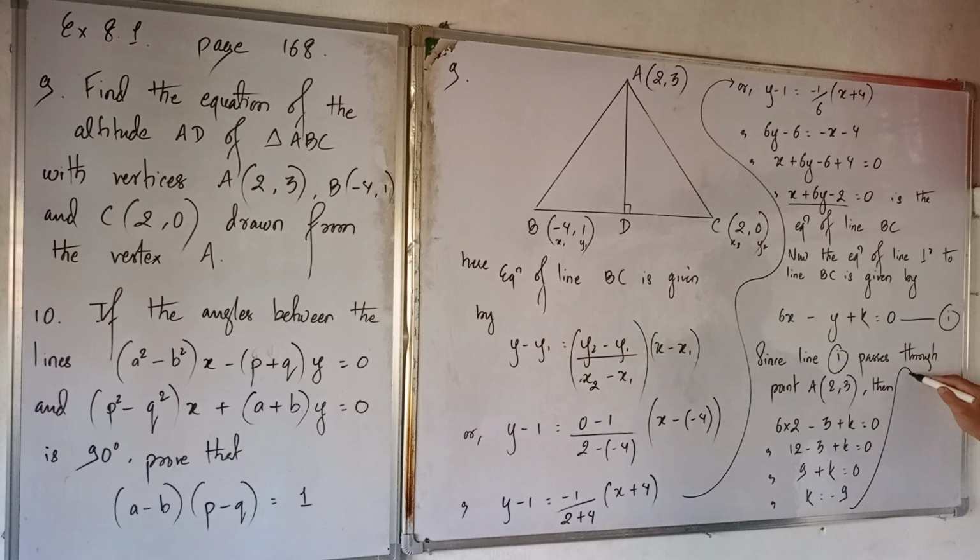Therefore, the required equation of line AD is 6x minus y, just replacing the value of k by minus 9, minus 9 equals 0, which is the required equation of line AD or altitude AD.